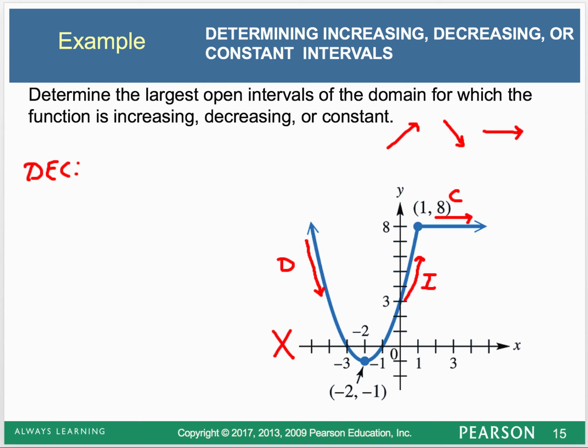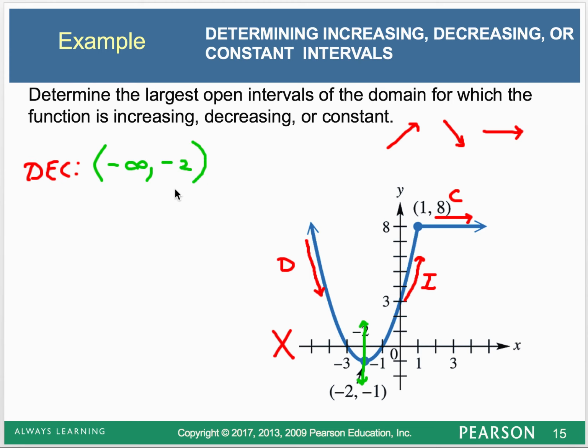All right? So the function is decreasing when x goes to right there. And then it's decreasing, so I've got an arrow. So that means negative infinity. It's decreasing when x is negative infinity all the way to when x is negative 2.